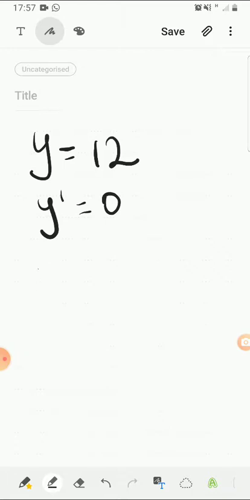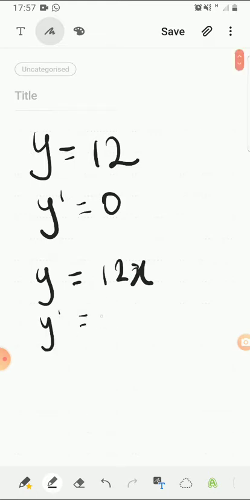Then when you have y equals 12x, you have a variable x with 12. So we're going to be working with x. So y prime, we are going to keep 12. And then remember, the power of x here is only 1. So we'll bring the power of x to the front and times it by 12, right?